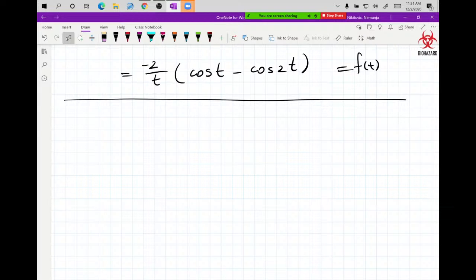So let's take a look at one differential equation that actually does have a solution we can get.